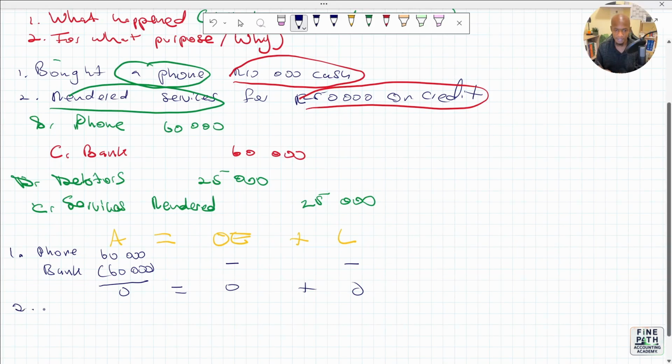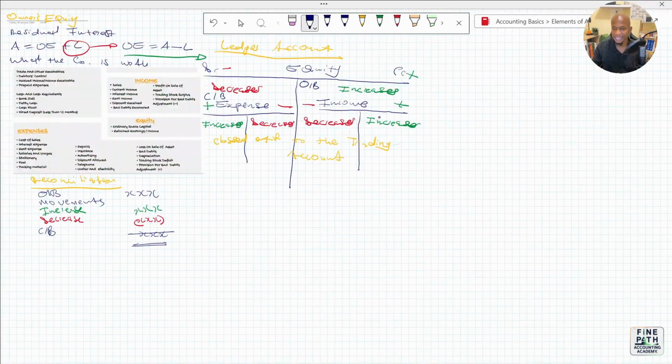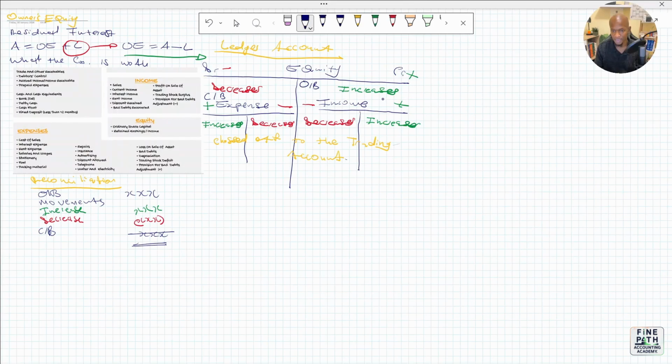Then when we look at the second transaction, our debtors went up, meaning our assets increased. So we would have our debtors in our accounting equation for 25,000 because our assets have increased. Now we have to look at services rendered. We said services rendered is income, and income increases our equity, right?